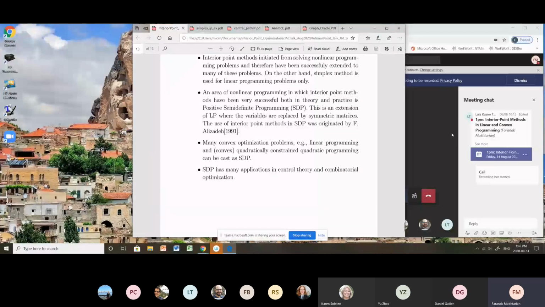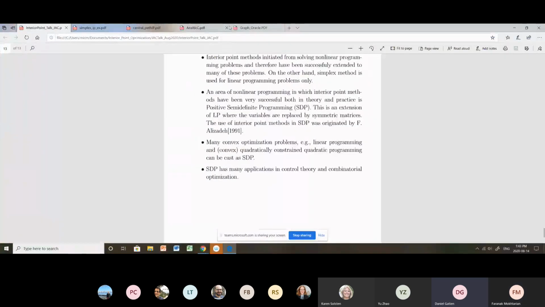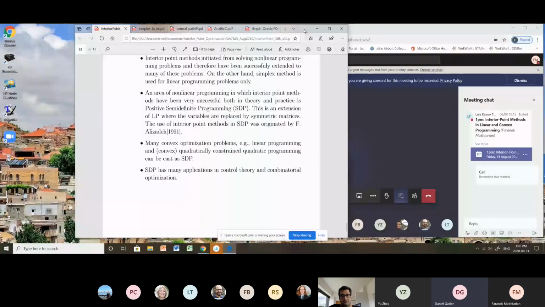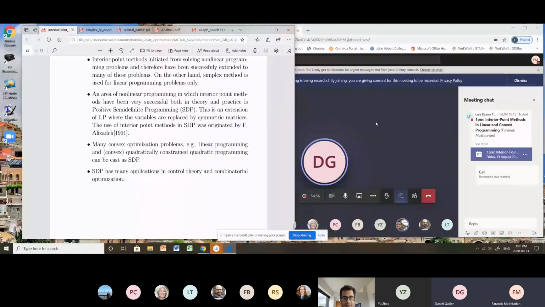Okay. I have a comment, if I may. I took a certain number of linear and even nonlinear programming courses in university as an undergraduate. But of course, this is bringing me back to the early 1980s.